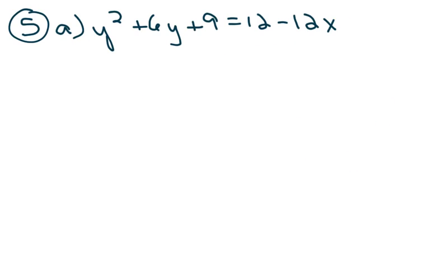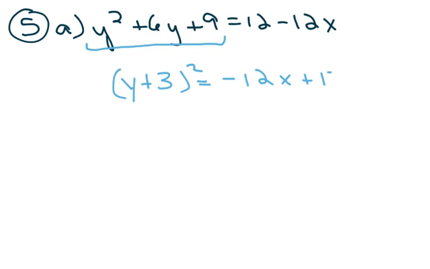In problem 5, we're going to put each conic in standard form, and then we're going to identify important characteristics about each conic. First of all, I want you to note that example A here is a parabola. As a matter of fact, I happen to notice that this is already a perfect square trinomial. So I'm going to write it as y plus 3 squared. On the right-hand side, I'm going to flip these.